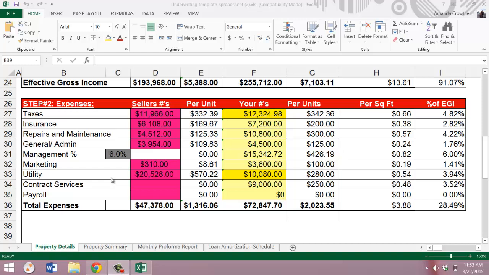Or, if the complex were big enough, it covers salaries for groundskeepers and the like. I know there was a woman who worked in his office who was a tenant, so I'm not sure if he has a special arrangement with her whereby he gives her reduced rent, but he has not reported any numbers, so that's what I'll key into our spreadsheet, making the total expenses $47,378.